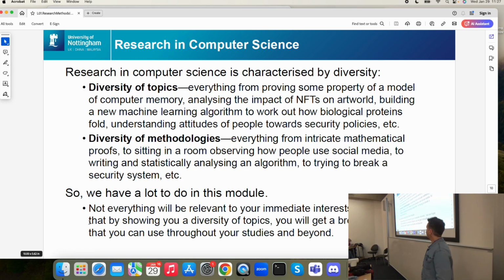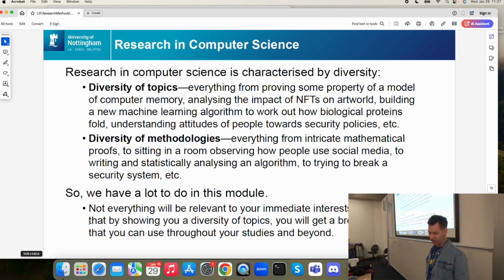So in computer science, you might have noticed this already, right? You've been here for a semester already, I guess, so you may have noticed the list of topics that permeate the school is quite diverse. Every academic has a set of different interests and different research topics.